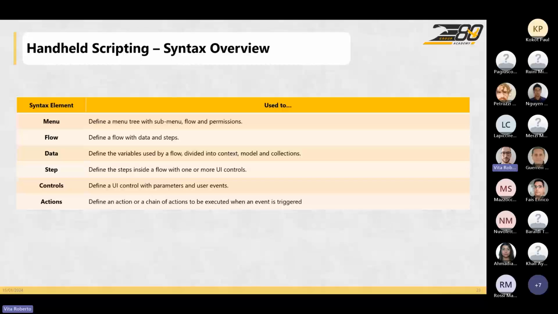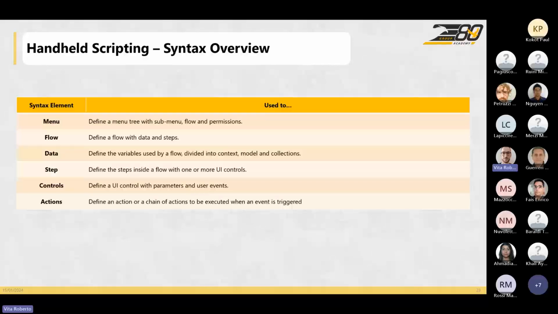We can, of course, define all the variables or parameters that are used by the flow with the data syntax element. The step syntax element helps us to define a step, what is a step inside the flow, and which controls we want to render in that step. Of course, we need statements to define controls with parameters and user events.